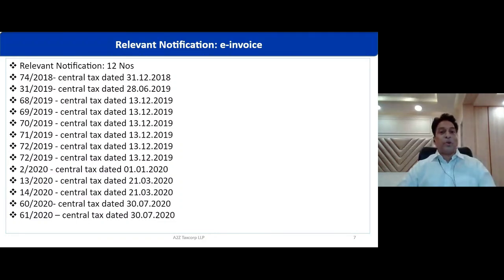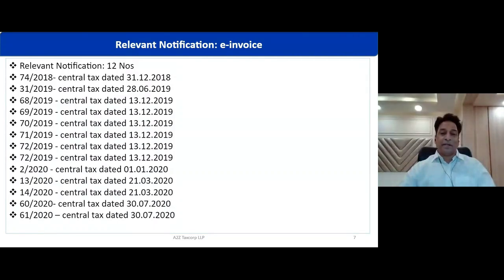And I've told you, it is not only important for the supplier having aggregate turnover more than 500 crore, it is equally applicable for the recipient of goods and services whose aggregate turnover is less than 500 crore. And I'm going to discuss these points for understanding and challenges. So preparation is required at both ends, supplier and the recipient.